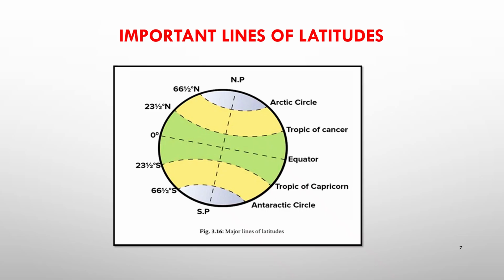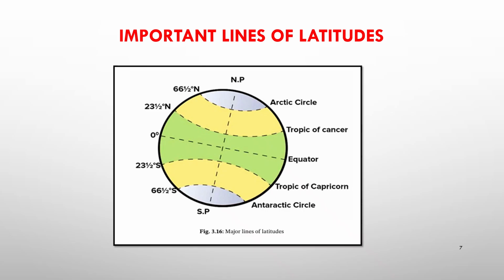The second important latitude is the Arctic Circle, which is 66.5 degrees north. The Arctic Circle is located at 66.5 degrees north of the equator. This latitude marks the boundary of the polar region in the northern hemisphere.